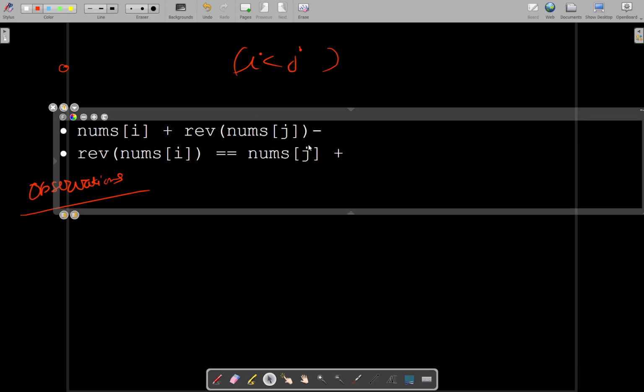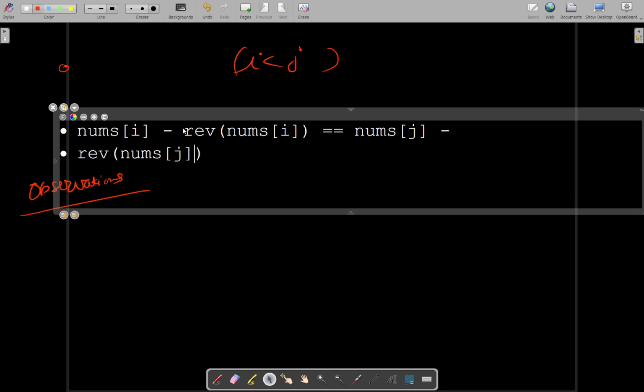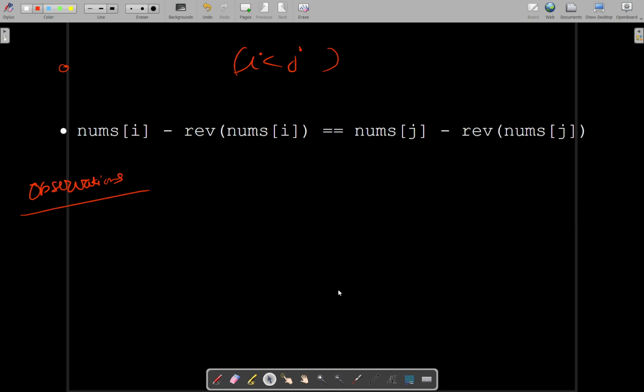So it will be something like this. Okay. And then you can take this one and move it to the right hand side. Okay, I'm moving it to the right hand side. Now the modified equation becomes this. Okay, so this should satisfy. I just rearranged the terms in the equation. Okay, so this is your modified equation.